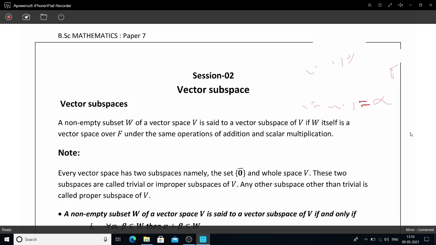The definition says like this: a non-empty set, this is very important, to define a vector space or subspace, whatever it may be, the set should be non-empty. A non-empty subset W of a vector space V is said to be a subspace of V if W, with the defined operations, that is vector addition and scalar multiplication, must satisfy the laws of vector space.